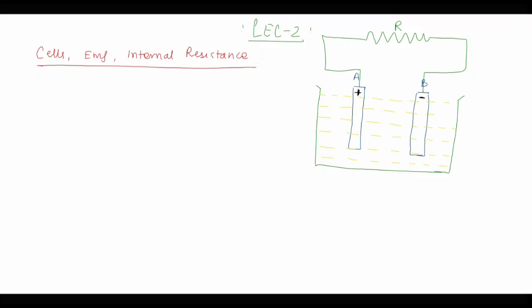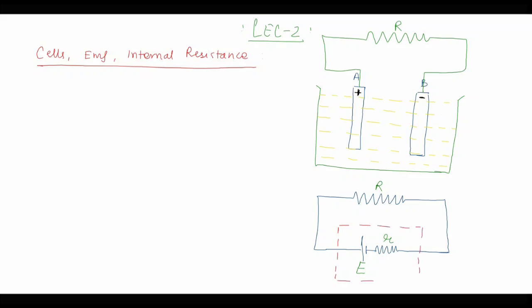We draw a battery where the bigger line is the positive terminal and the smaller one is the negative terminal, and it has a certain internal resistance of its own, and the two terminals are connected to an external resistance capital R. This is the EMF of the battery E, this is the internal resistance r, and the potential difference it exhibits outside its terminals is regarded as the terminal voltage.